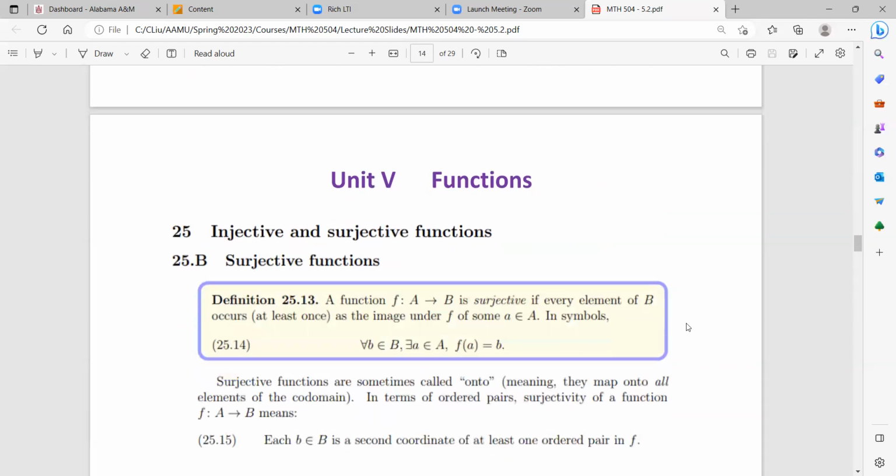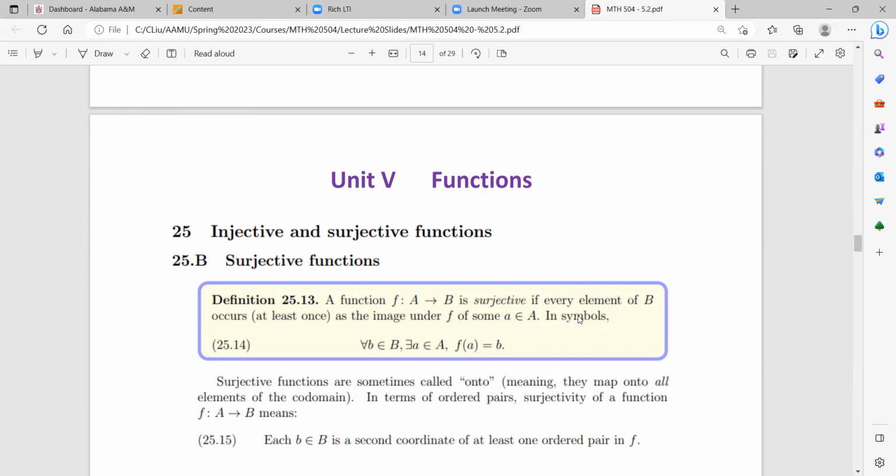Okay. So here comes the formal definition of surjective functions. It says a function f from A to B is surjective if every element of B occurs at least once as the image under f of some element a in the set A, the domain.